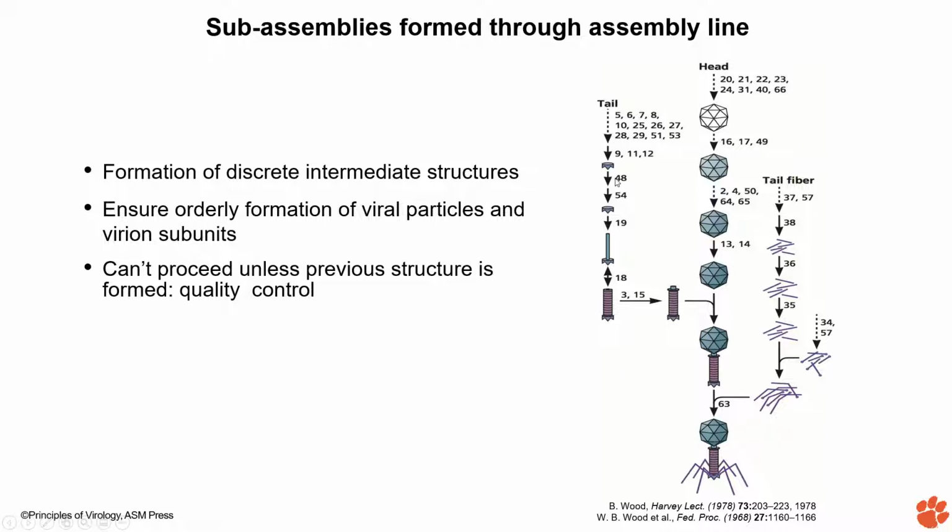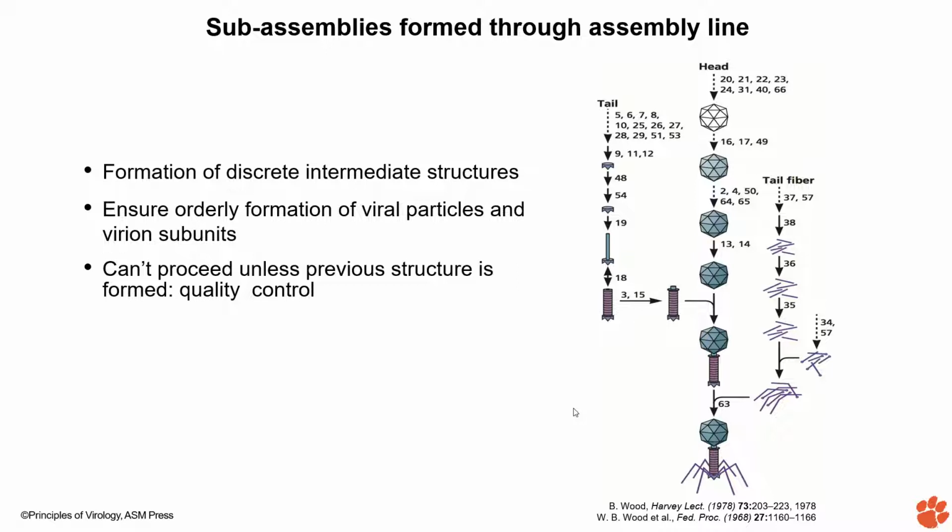Now you can see that some arrows are dotted, whereas some are straight, solid arrows. The dotted lines mean those steps are reversible: if something goes wrong, they can go back to the previous step, correct it, and come back. Whereas the solid arrows are usually unidirectional.